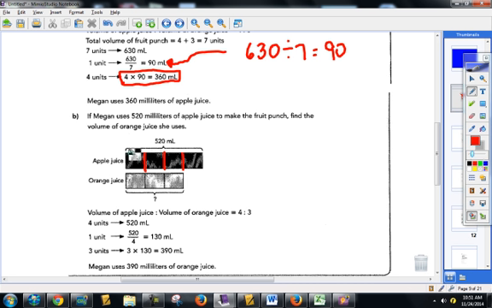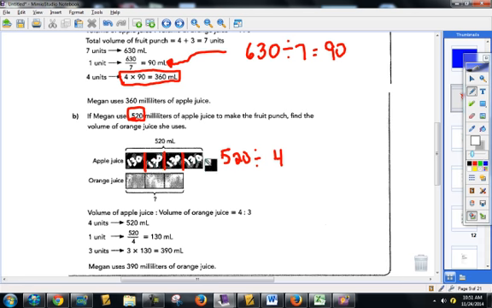So we know that, however much she made, she used 520 milliliters of apple juice. That means we need to take 520 and divide that by 4, because there are 1, 2, 3, 4 spots. We do that, and we find out that that's going to be 130 in each one.